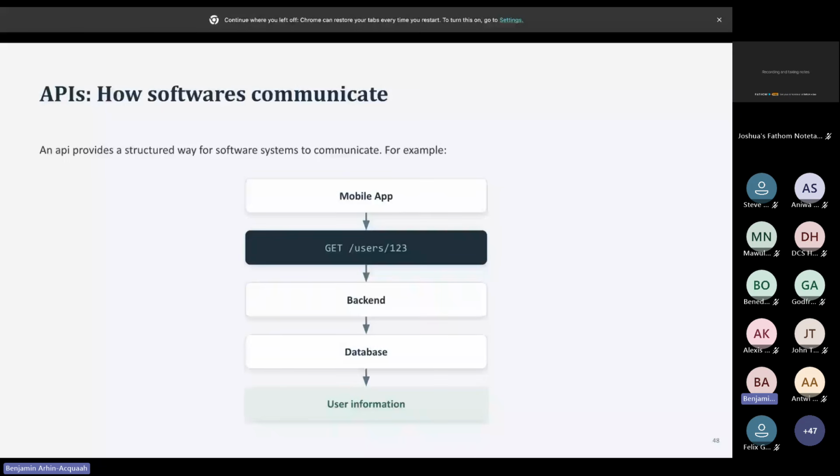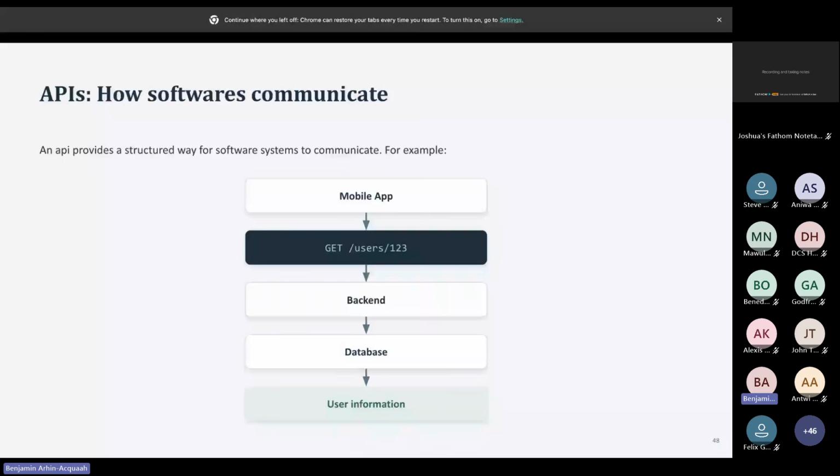So there are several mechanisms or operations you can apply on an API. We have one called the GET request, another called POST request, which means creating something, and then another called PUT request, which means updating something.